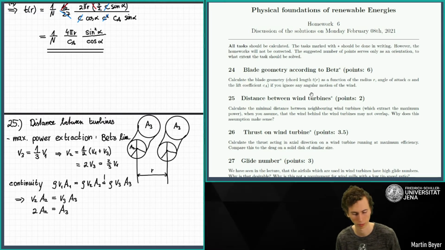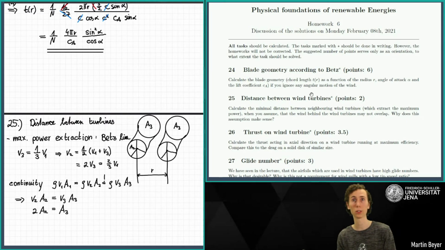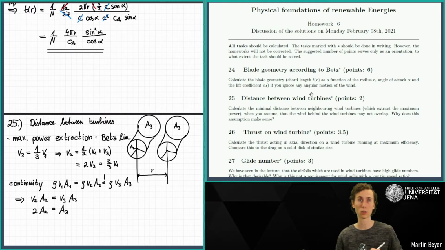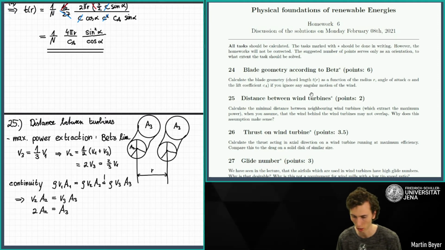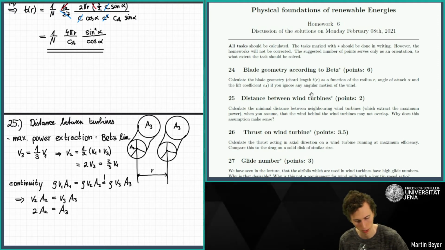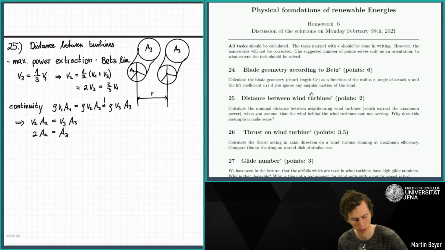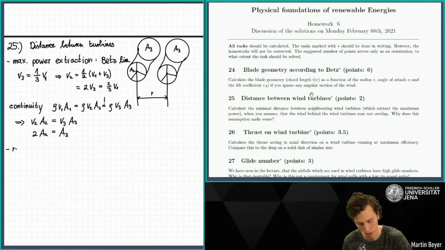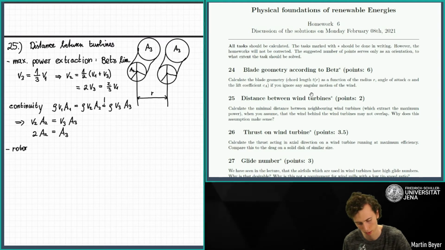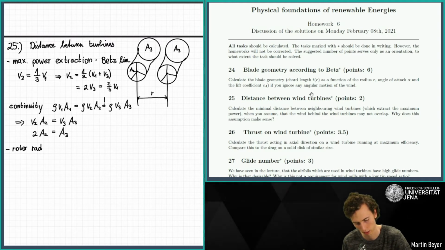Okay. So now we have a relation between the original size of the wind turbines and the size of the wind channel far behind our wind turbine. Okay. So now let's assume that our rotors have a radius r. Rotor radius r.